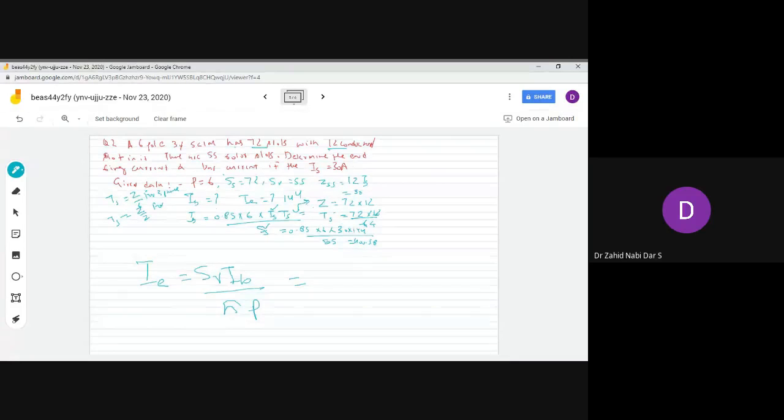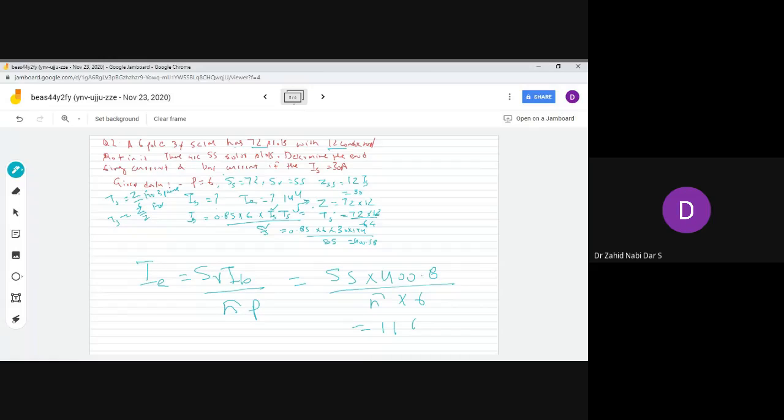So 55 into 168.82 into 400.58, divided by pi into 6. So this would be around 1168.82.